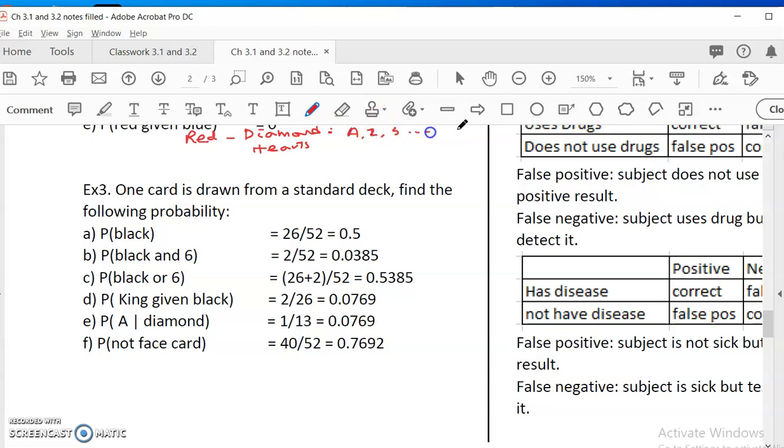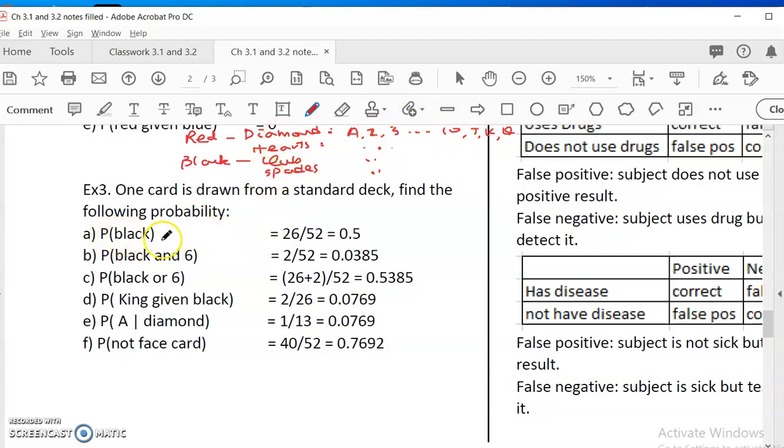A is 1, right? All the way to 10, and then Jack, King, Queen. So that's 13 cards. Hearts is also the same, and then black cards are clubs and spades, also 13 cards each. So there are four 2s, four 3s, four 10s, four kings, four jacks, of all different suits.